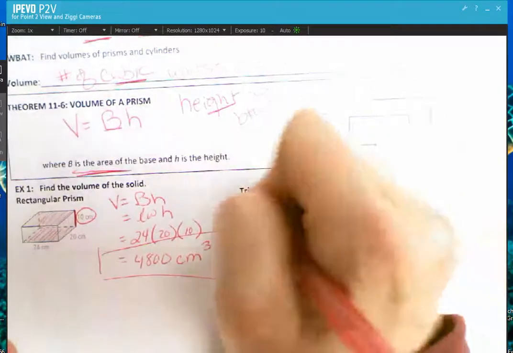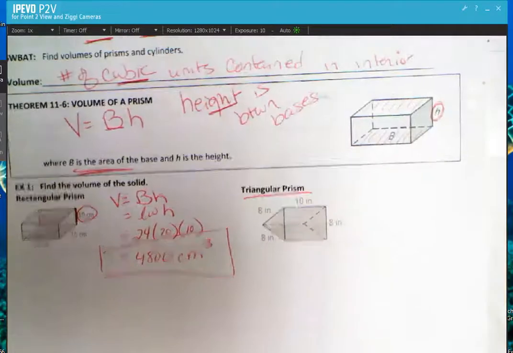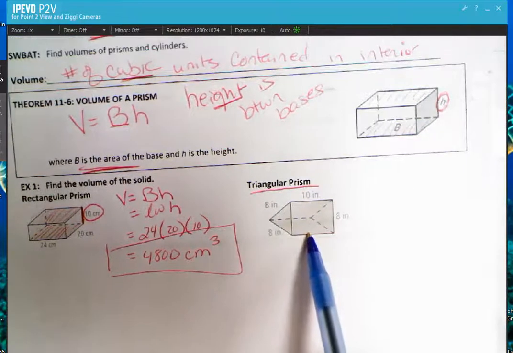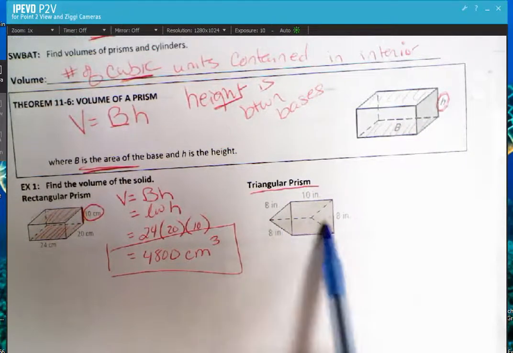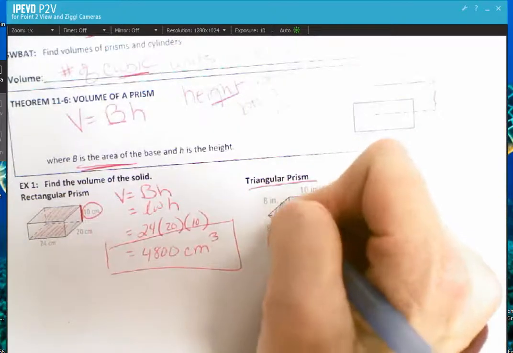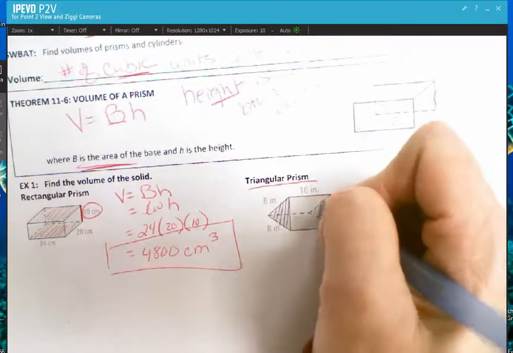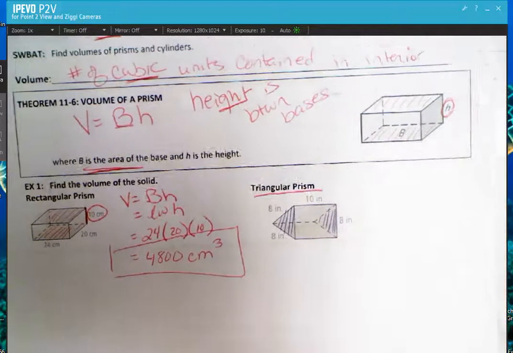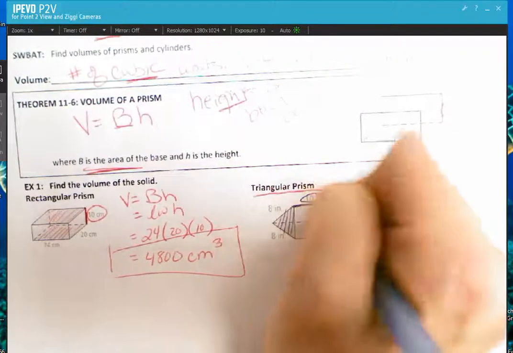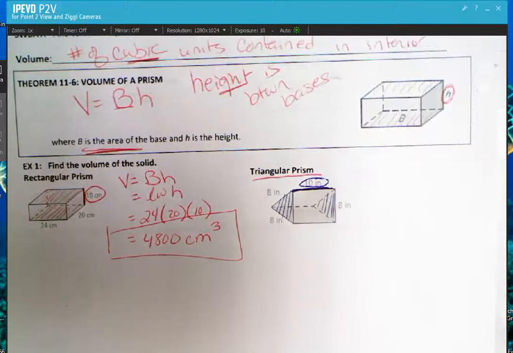Okay, let's take a look at a triangular prism. Remember, bases are not what it's sitting on. You need to find the 2 parallel congruent sides. So this is a base and this is a base over here. So automatically I circle my height because it's going to be the distance between the bases.